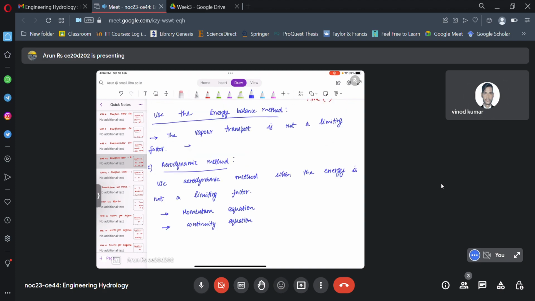Here we use continuity equation and energy equation.